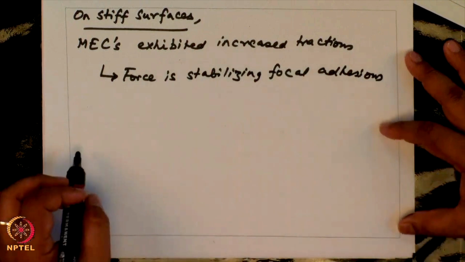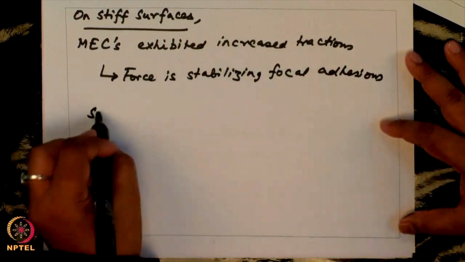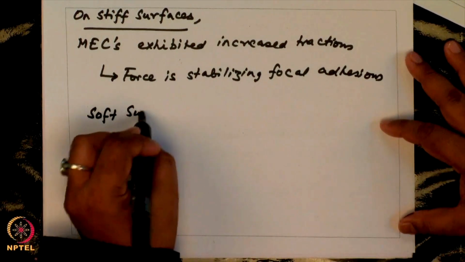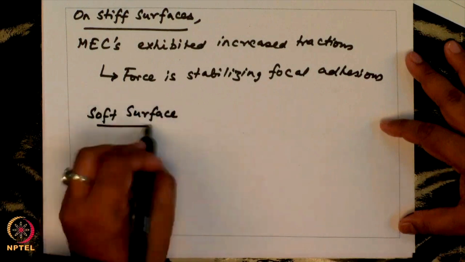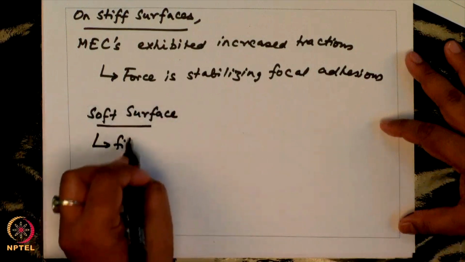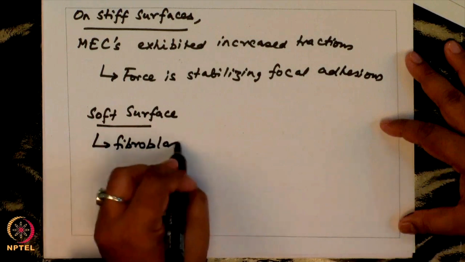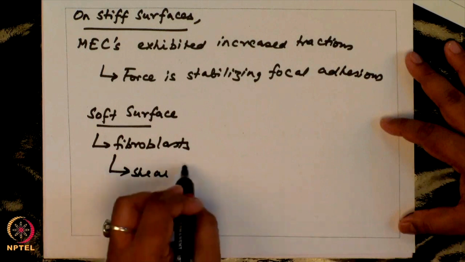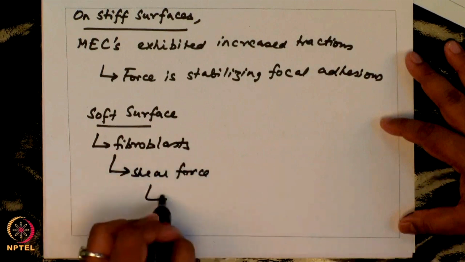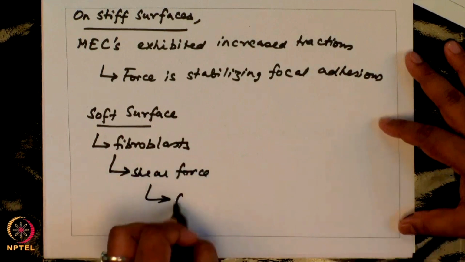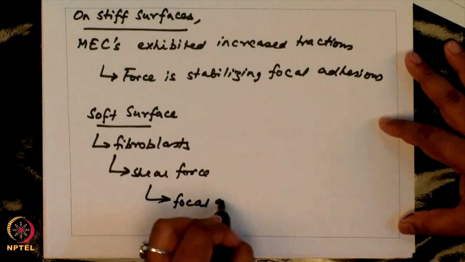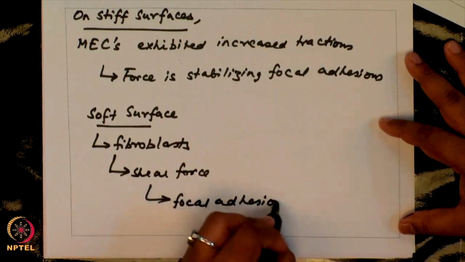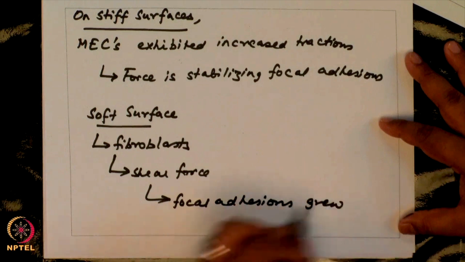They did some other experiments in which, on a soft surface, they took fibroblasts and exerted shear force and showed that on a soft surface also focal adhesions grew.